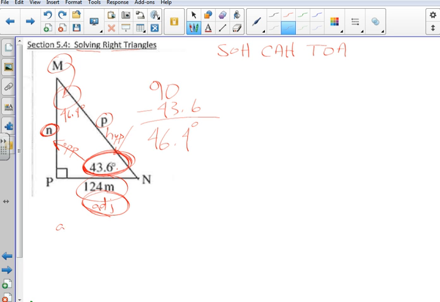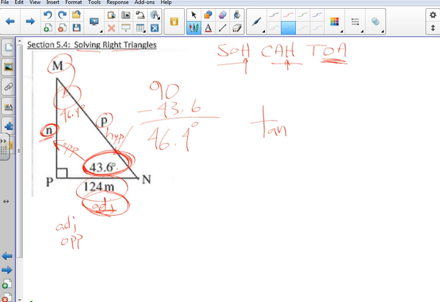Which of these lists adjacent and opposite? That would be this one, because these two use the hypotenuse. So the tangent is the one I want to use.